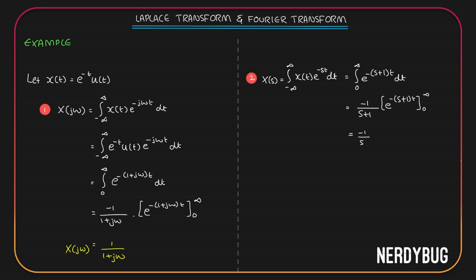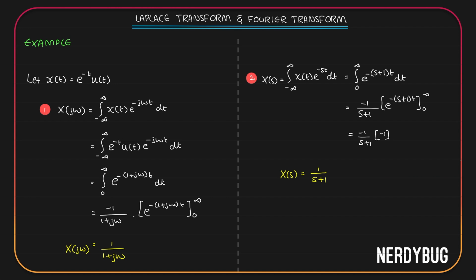So this becomes minus 1 by s plus 1 multiplied by, giving the upper limit, e raised to minus infinity, which is 0. Giving the lower limit, we get e raised to 0, which is 1. So 0 minus 1 is minus 1. Minus 1 and minus 1 get cancelled. So we get X of s is simply equal to 1 by s plus 1.